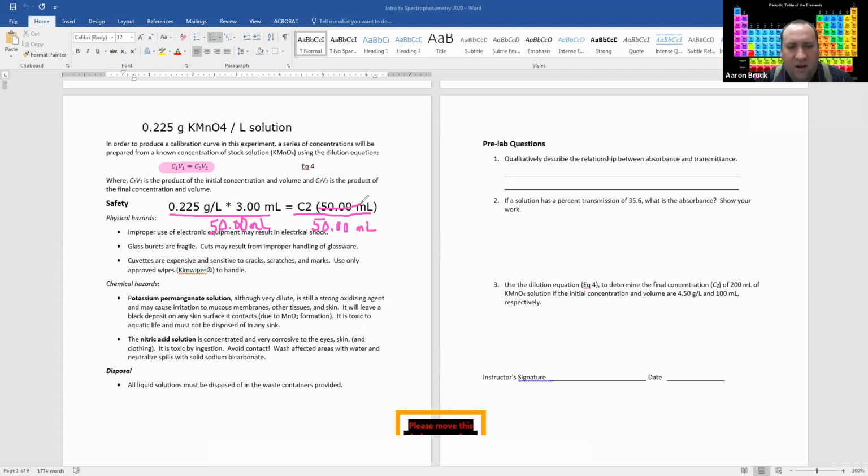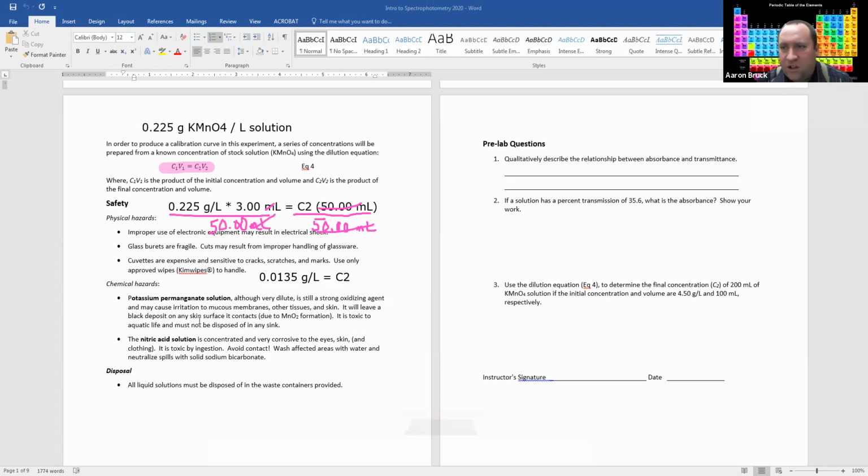On the right-hand side, everything cancels. On the left-hand side, the milliliters cancel. The remaining terms, I just need to figure out what the concentrations actually are. So you pull out your calculator, and 0.225 multiplied by 3 and divided by 50 would give us a concentration of 0.0135 grams per liter as our second concentration. So I can take that, find the absorbance, and that would be one of the data points on my scatter plot.